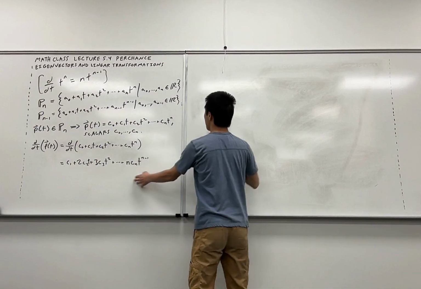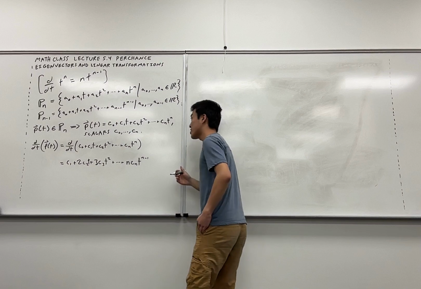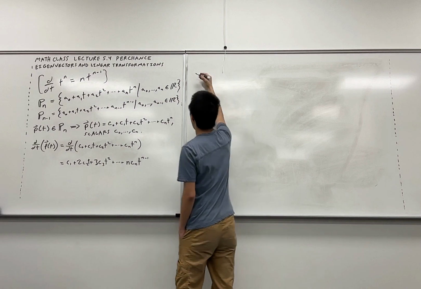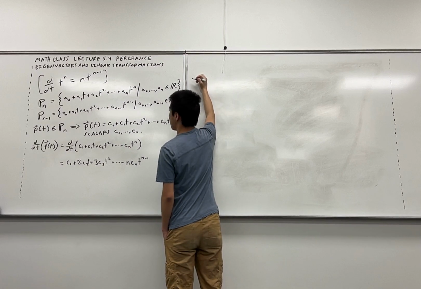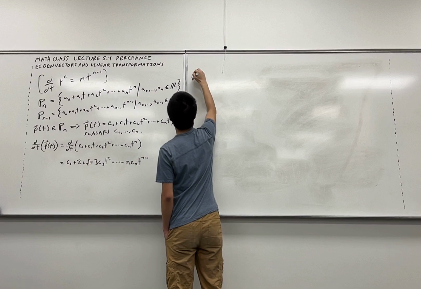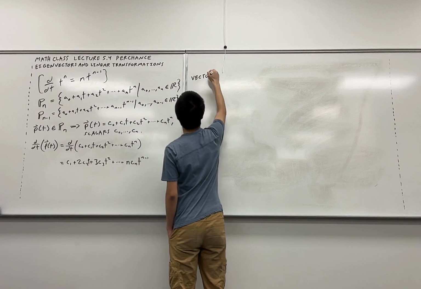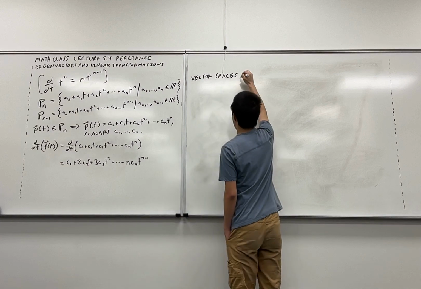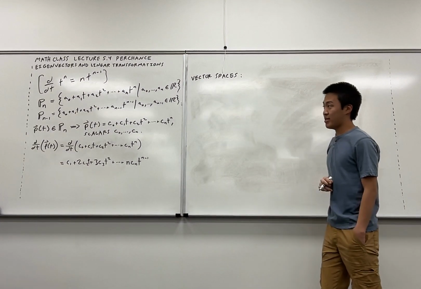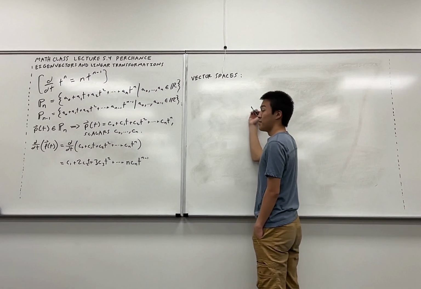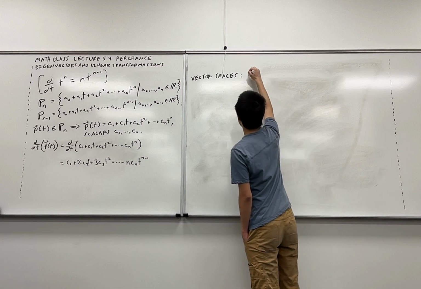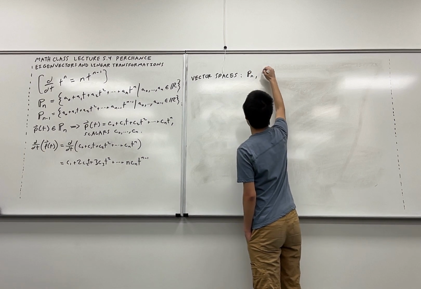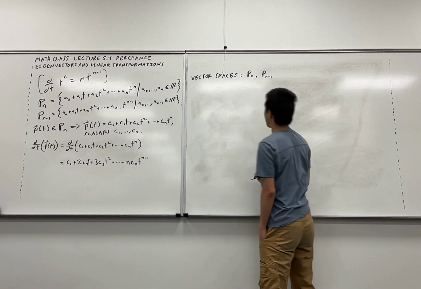Okay, so now let's do this in terms of our linear algebra stuff. Let's take stock of what we have. We have two vector spaces. What are my two vector spaces? Pn and Pn minus 1.